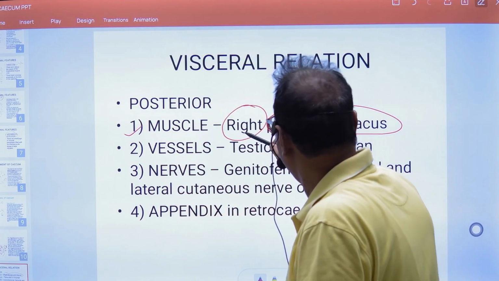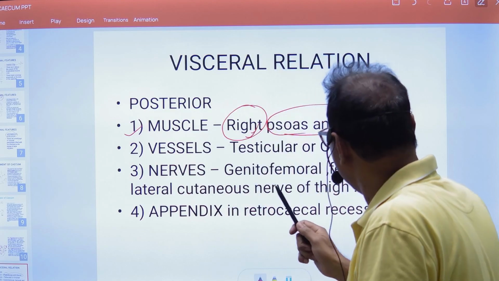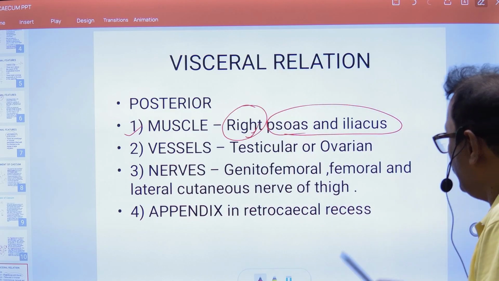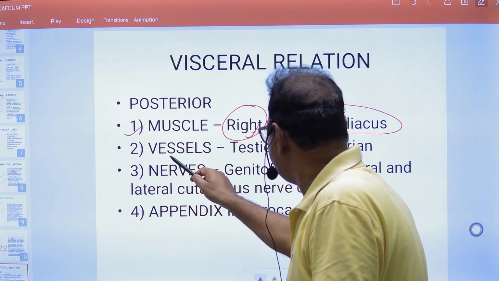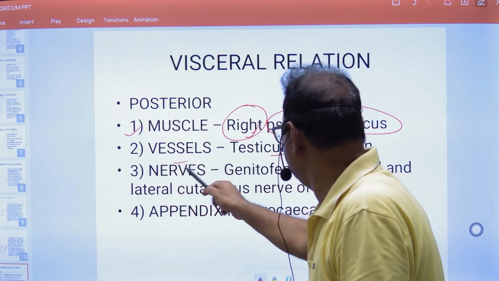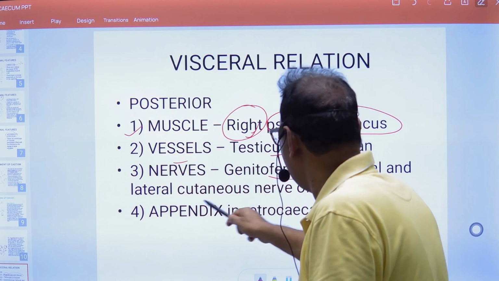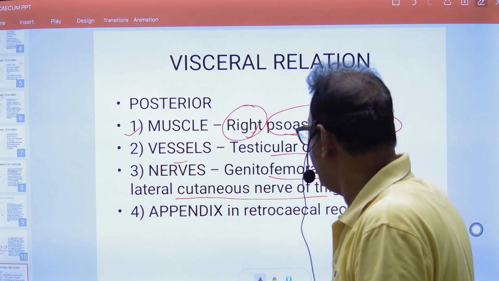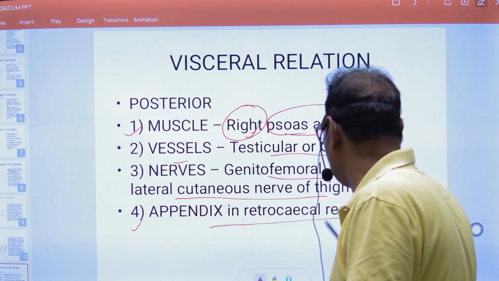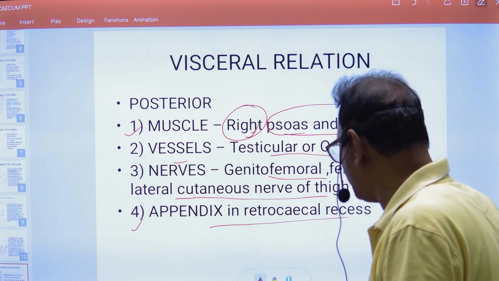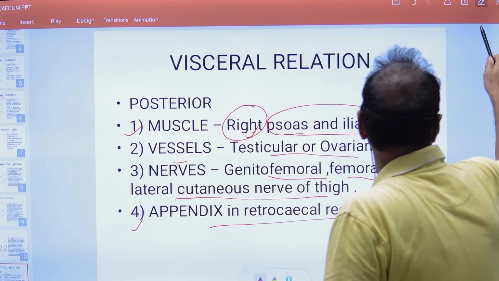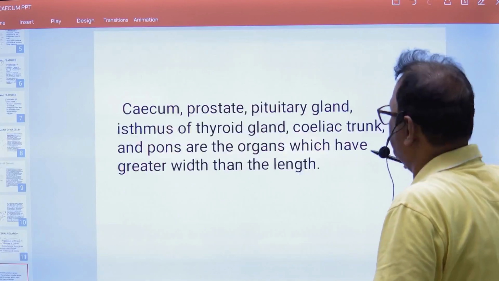Always, whenever we write any structure, we have to write right. Then the vessels, the testicular and ovarian vessels, the genitofemoral, femoral, and lateral cutaneous nerve of thigh, and of course the appendix when it is in the retrocecal recess, will be the posterior relations.